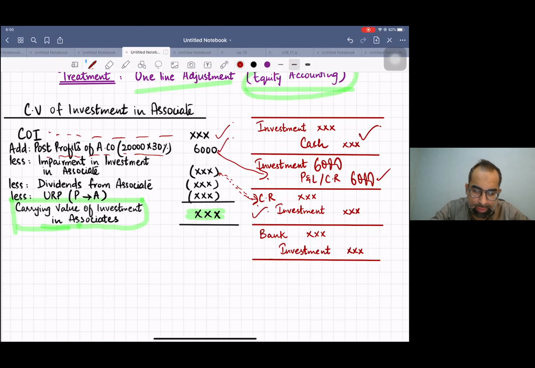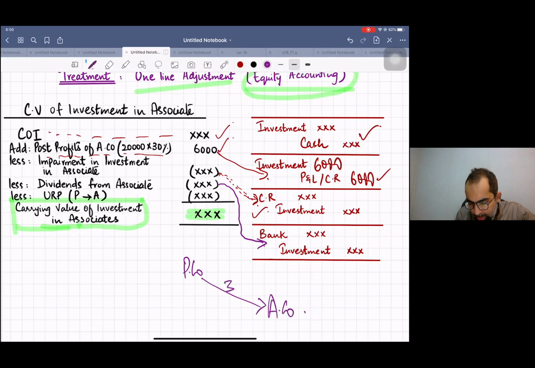Now, the next thing, dividends from associate. What happens? See, this is P company, this is A company, and our holding is 30%. Now, this is a technical thing, but you have to use your brain, no option. Sometimes A company gives dividends. For example, A company has given a dividend of 1,000 this time.